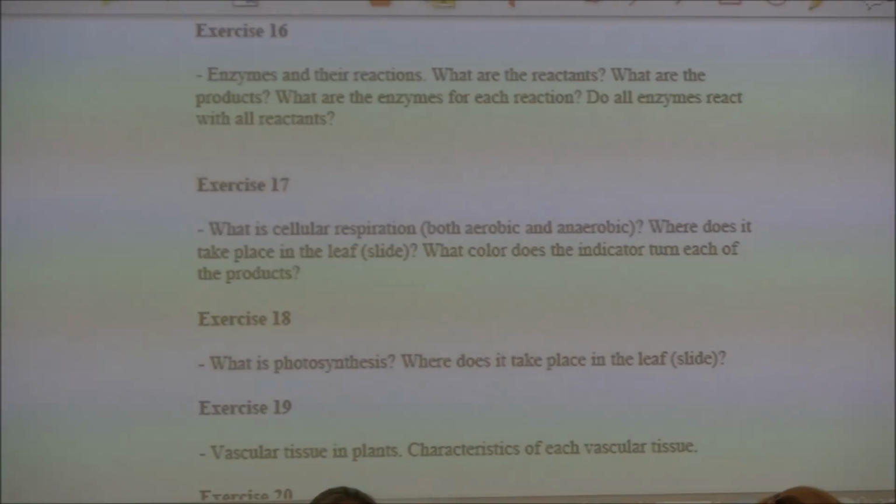Urea. What would be the products? Ammonia and carbon dioxide. So that's one of the two enzymes.